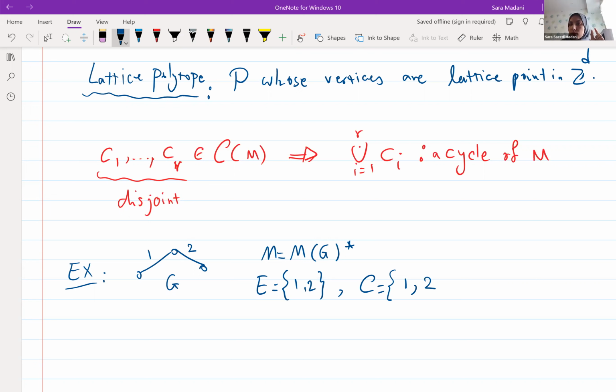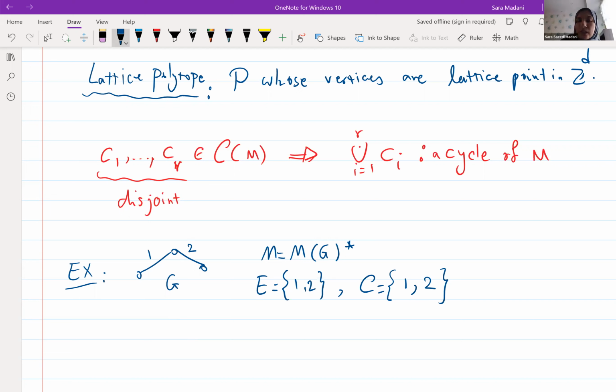And that's all. If I take 1 and 2 and remove them, of course, I get 3 points. They are separating, but they are not minimal because they contain 1 and 2, which were edge cuts. So I have 2 circuits here.